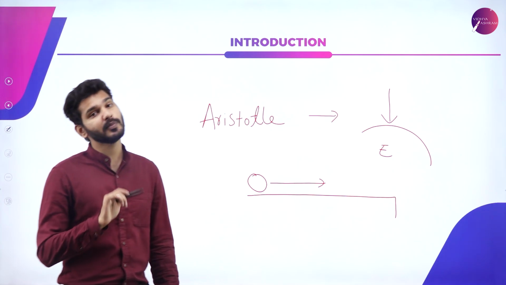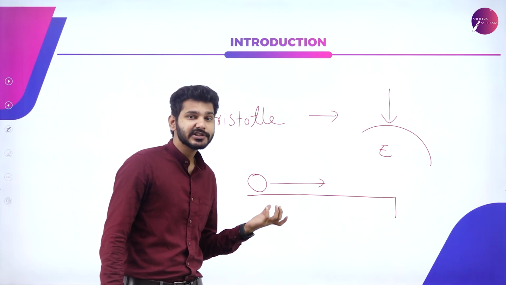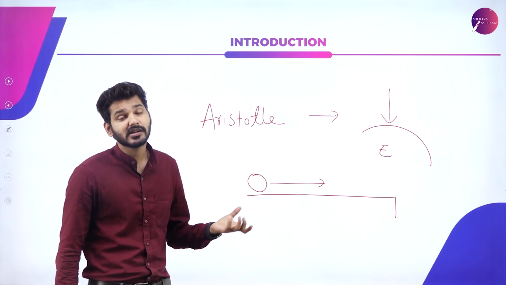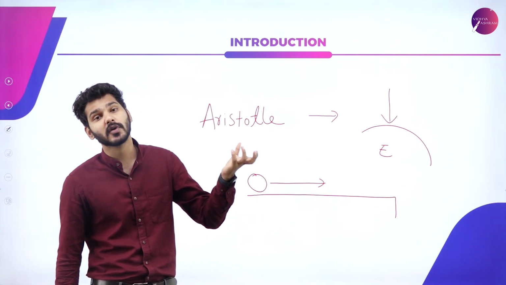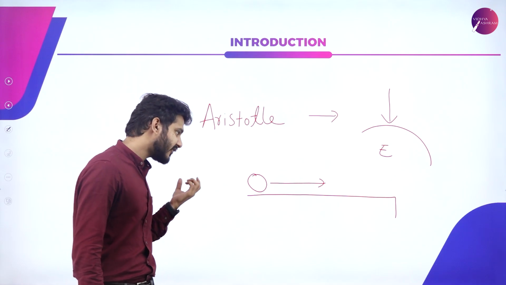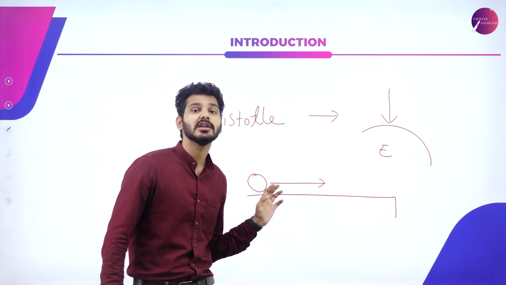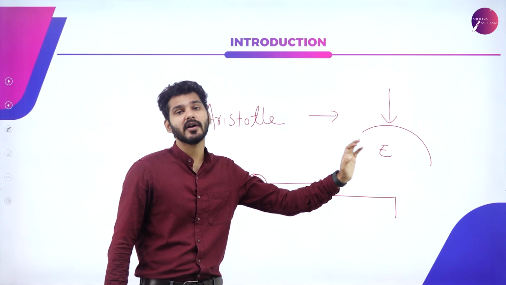So Galileo understood that there was something you have to study in terms of motion and the objects falling onto Earth. He saw that when you rolled an object like this, it keeps on rolling and it stops after some time.